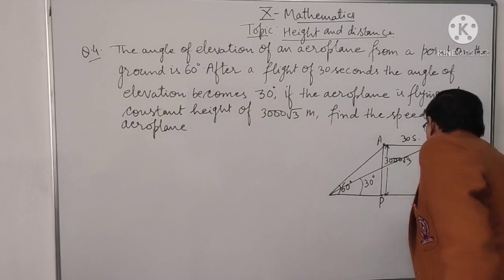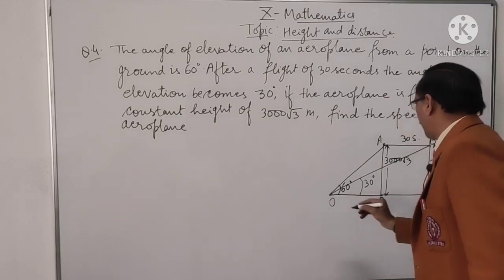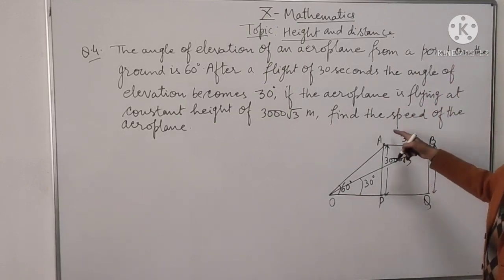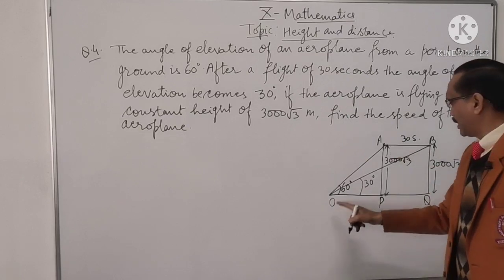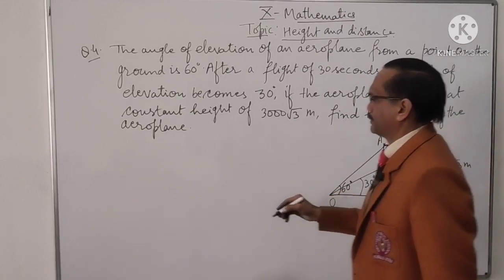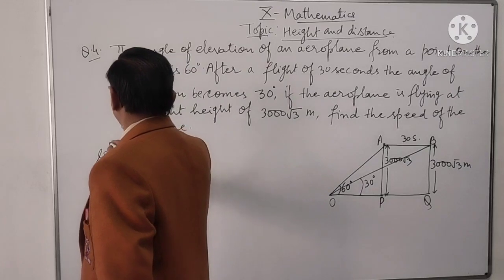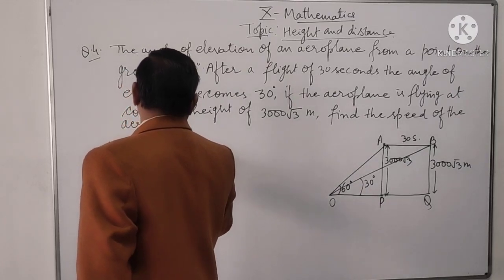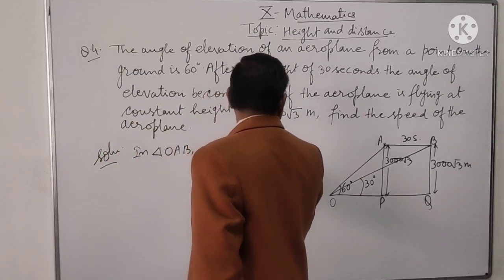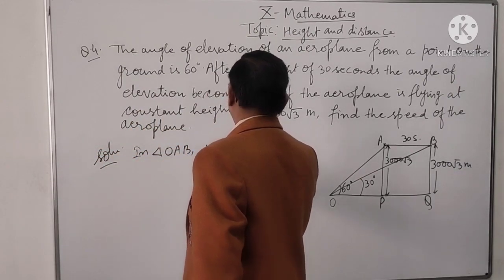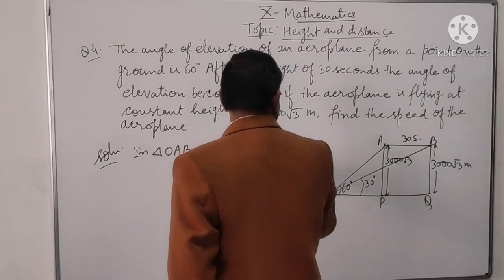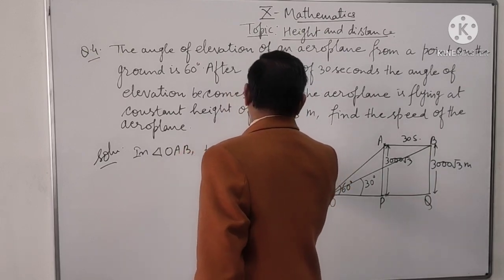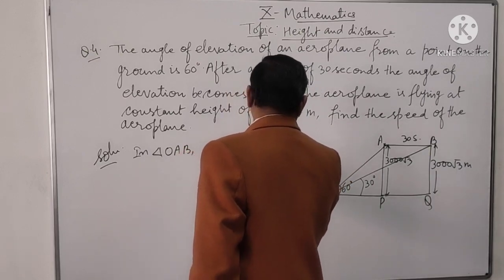Let it be P, it be Q, this point is O. Then in triangle OAP, tan 60 equals AP upon OP.